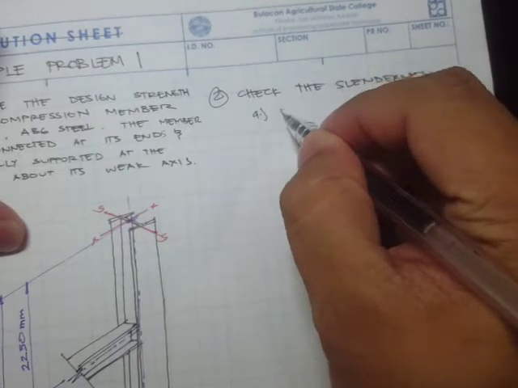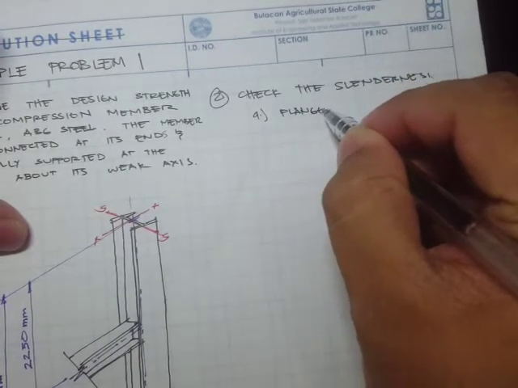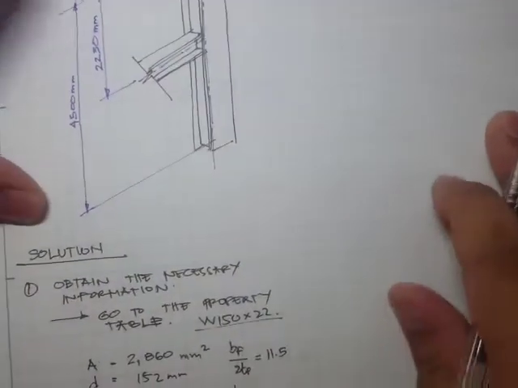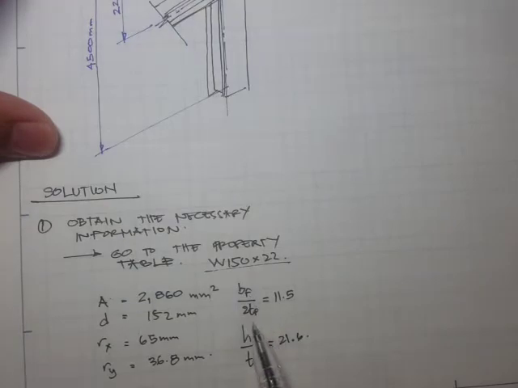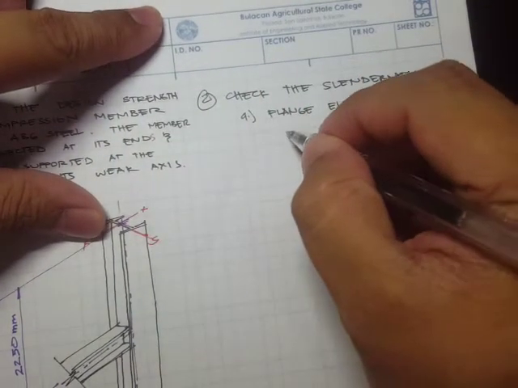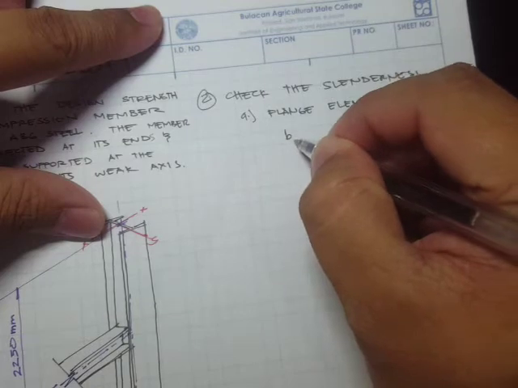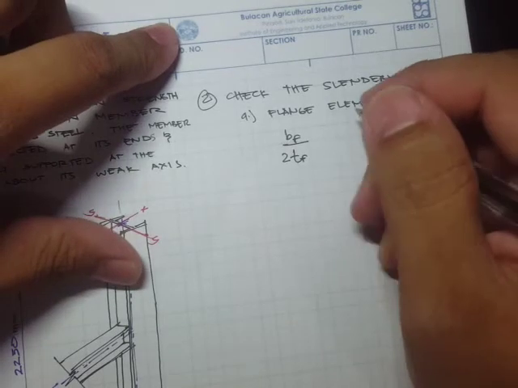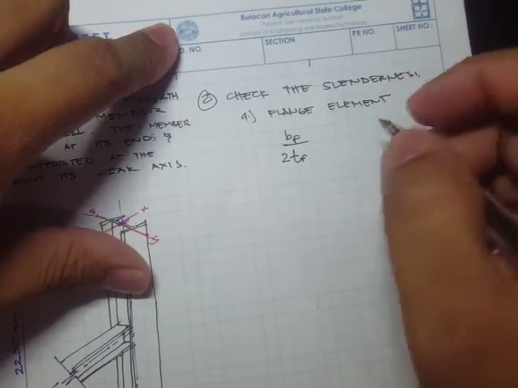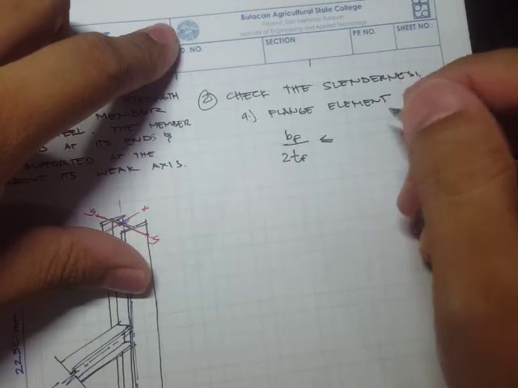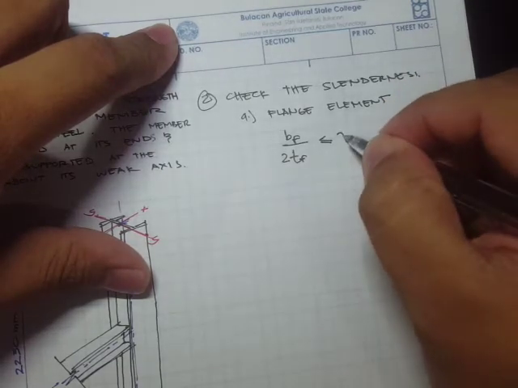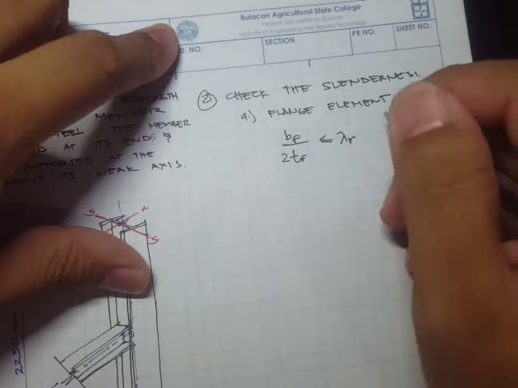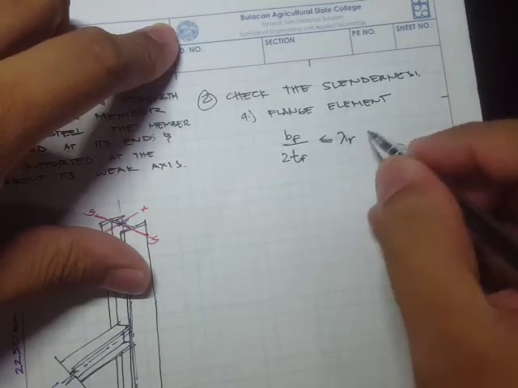For the flange element, our condition: bf over 2tf, the width of the flange divided by 2tf, is it less than or equal to our limiting width to thickness ratio for slenderness?